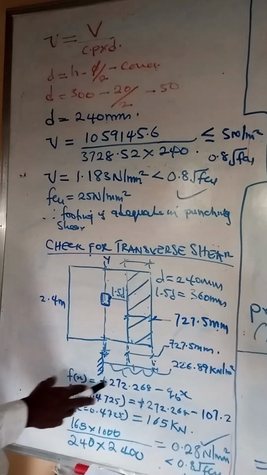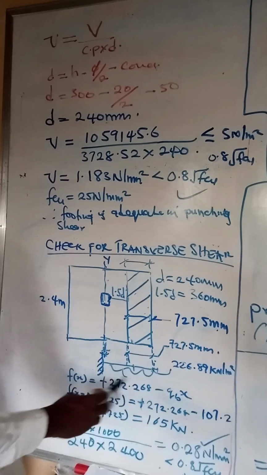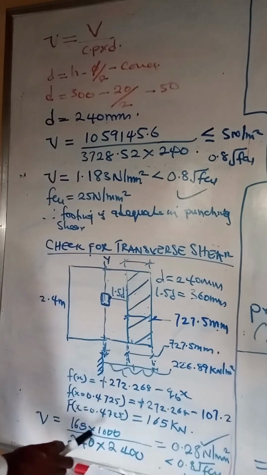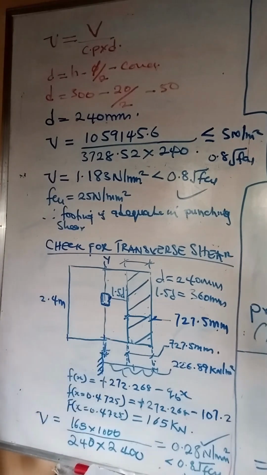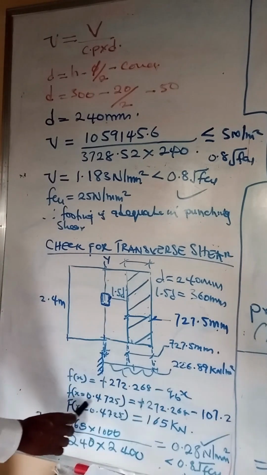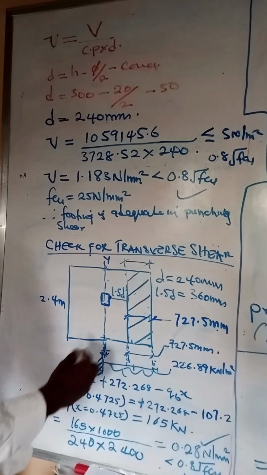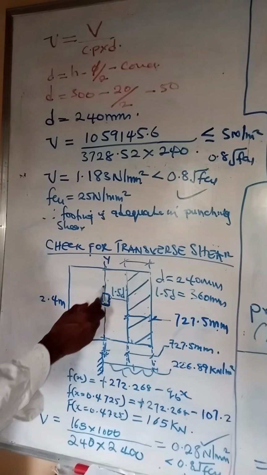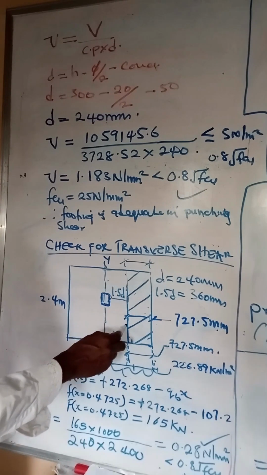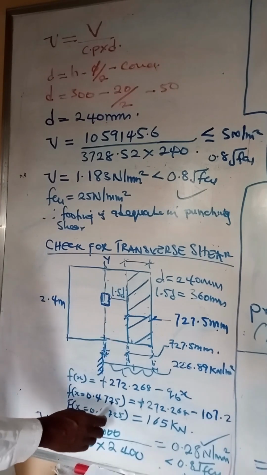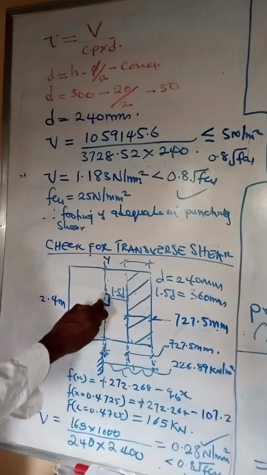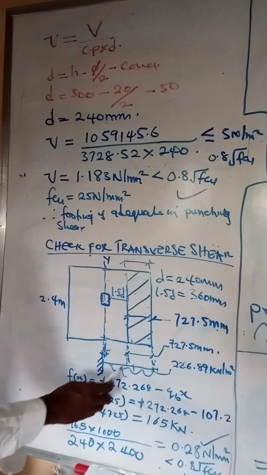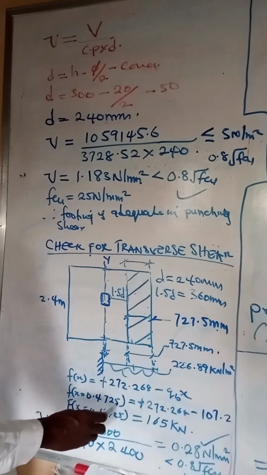Now the shear force expression for this idealized section is this, where the force acting upwards is negative and the one acting down is positive. So we have this expression. From the center line of our column to the face of the point where we have the transverse shear, we have it to be 0.725 meters.